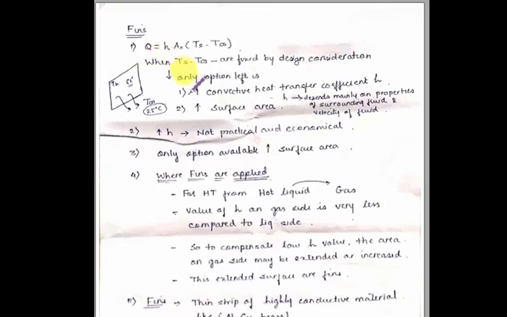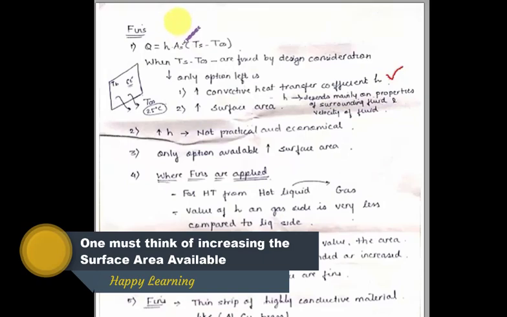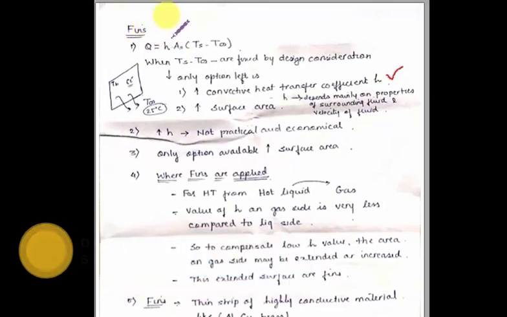So this option is also not preferred because it will consume more energy, and it will add to the cost. So the only option now available to me is to increase the surface area. If I increase the surface area, automatically my Q will increase. So this is how the heat transfer rate can be increased.